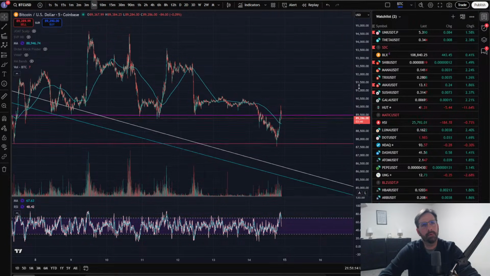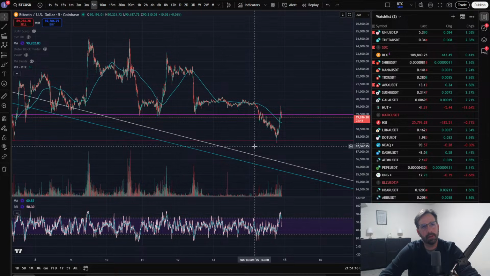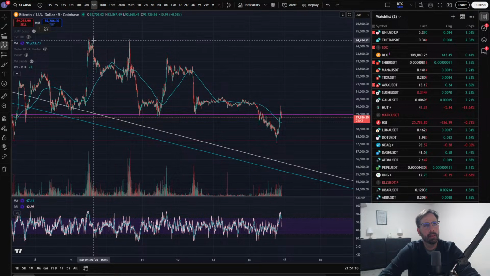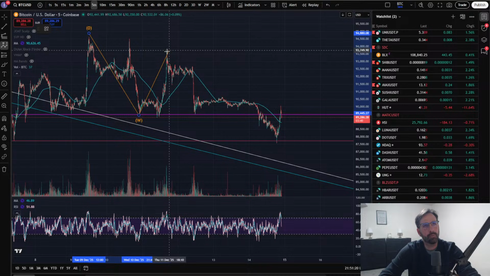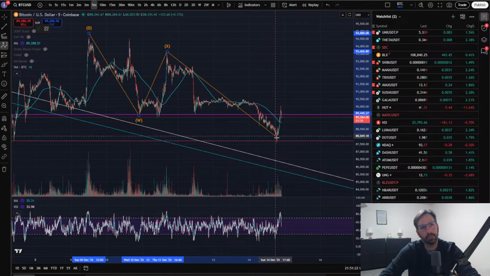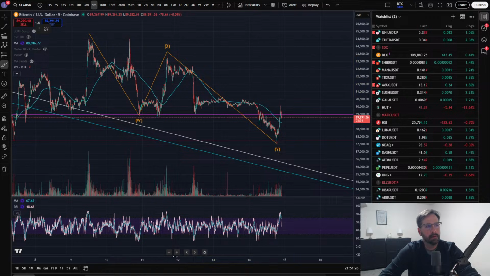See, that looks like a WXY right there. All this looks like a WXY. There's your W wave. There's your X wave. And then what we're going to do is a Y wave right there. Boom.